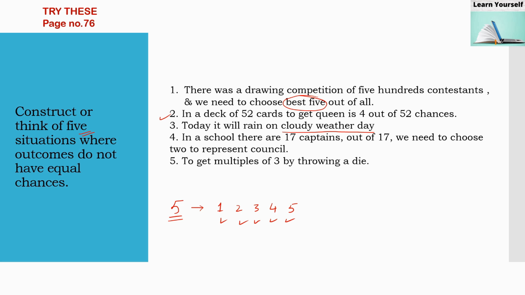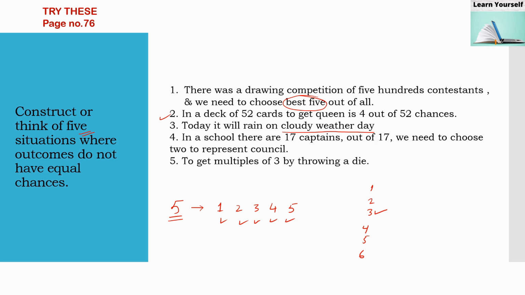Fourth situation: in a school there are 17 captains. Out of 17, we need to choose 2 to represent the council. Fifth: to get multiples of 3 by throwing a die. When you are throwing a die, there are 6 numbers, and out of these 6 numbers we require multiples of 3.